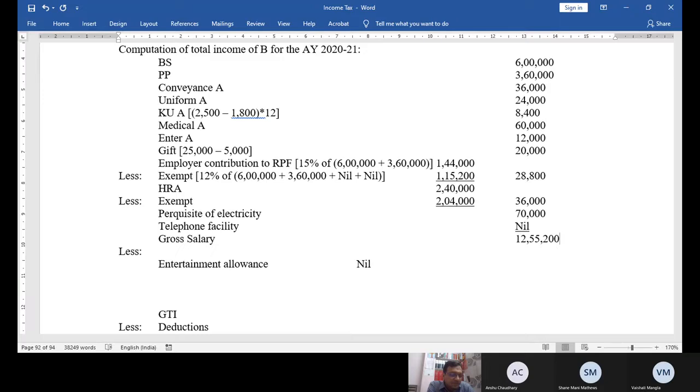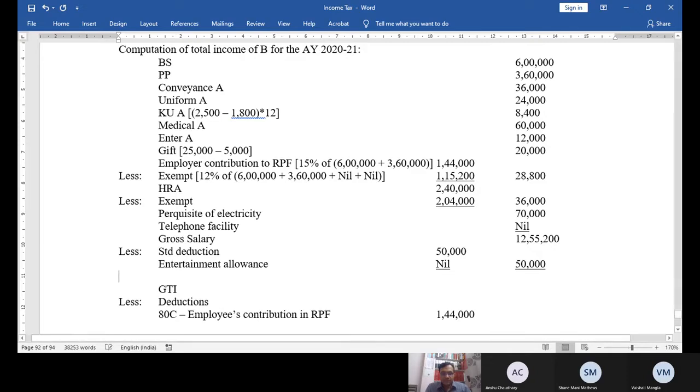Please also check the calculation. Then standard deduction is always given, 50,000. Taxable salary is how much?